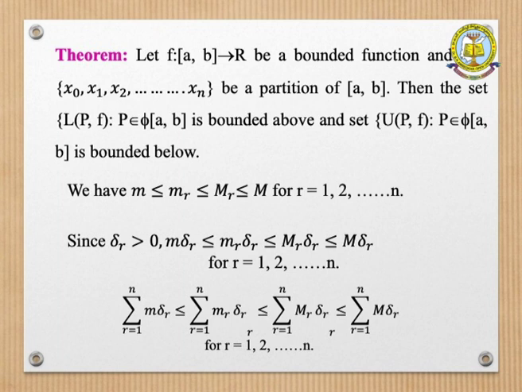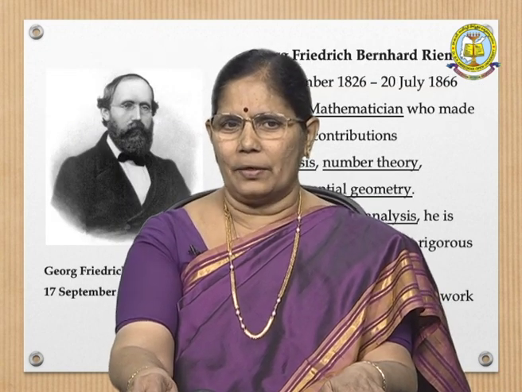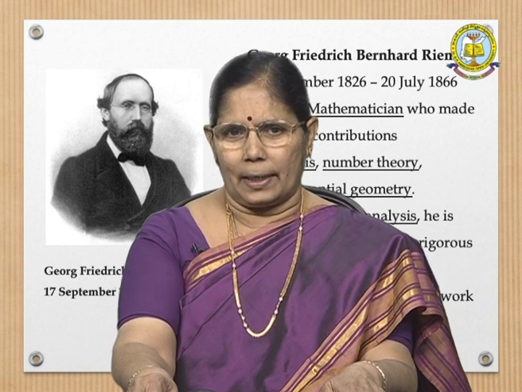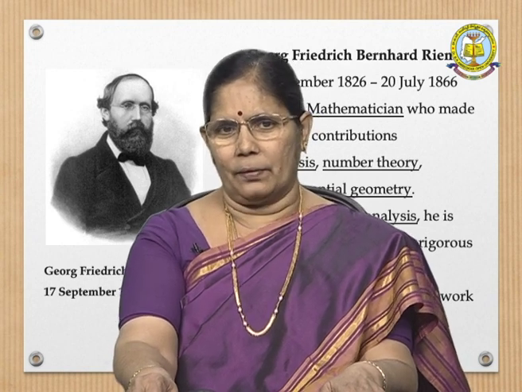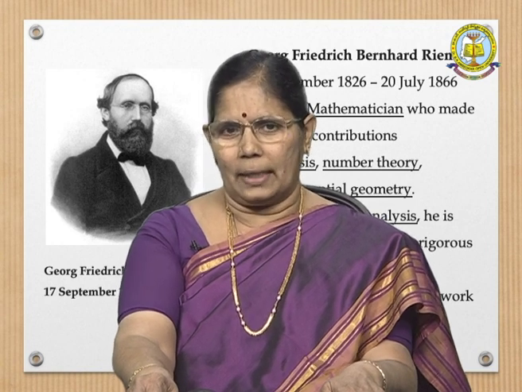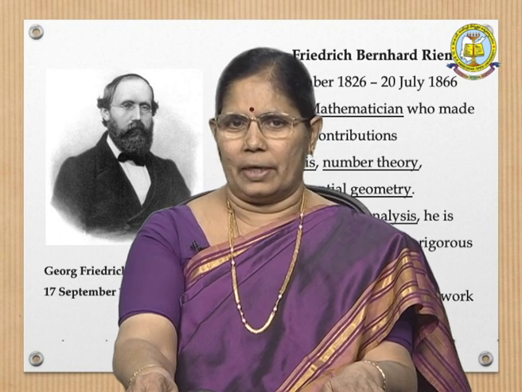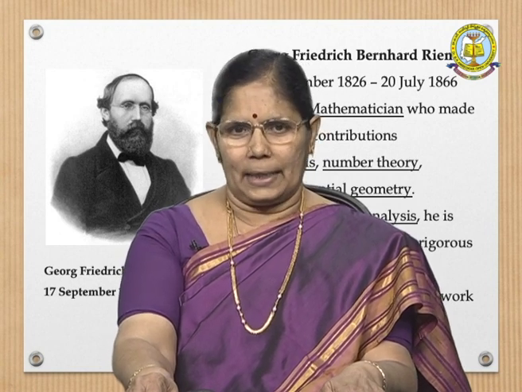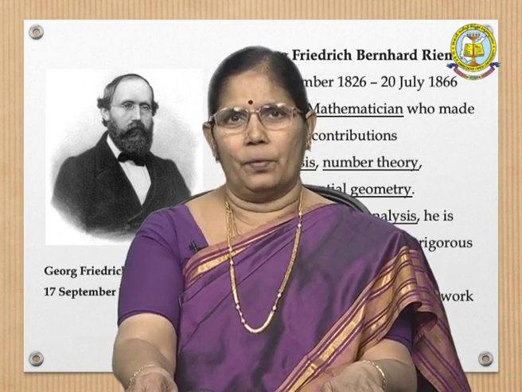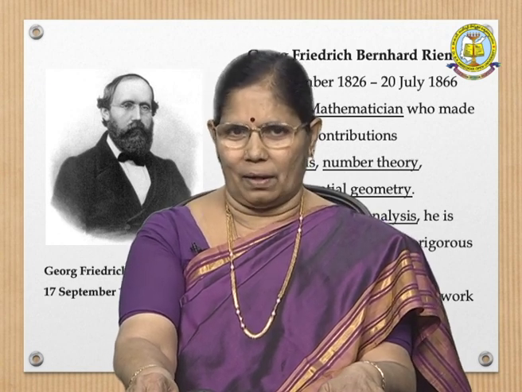Take sigma for this inequality, which will give you sigma r = 1 to n of m delta r is less than or equal to sigma r = 1 to n of small mr delta r is less than or equal to sigma r = 1 to n of capital Mr delta r is less than or equal to sigma r = 1 to n of capital M delta r.